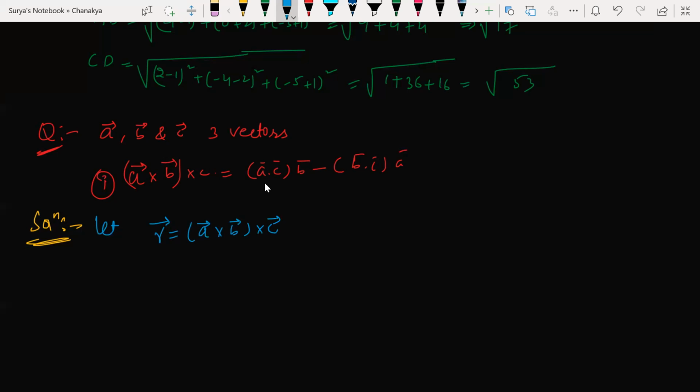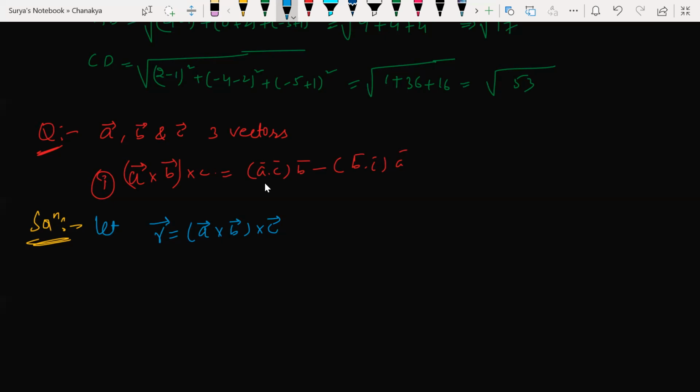Is the cross product of two vectors perpendicular to both vectors or not? Yes, we learned this.